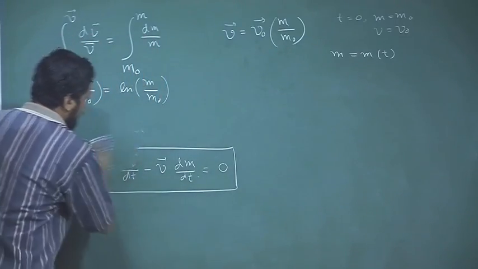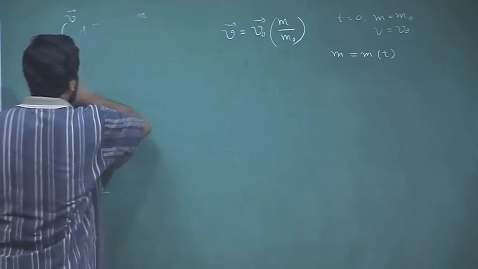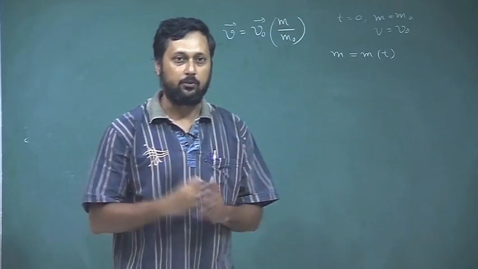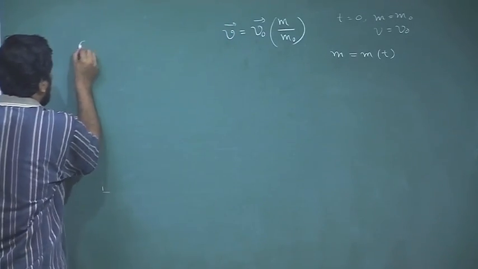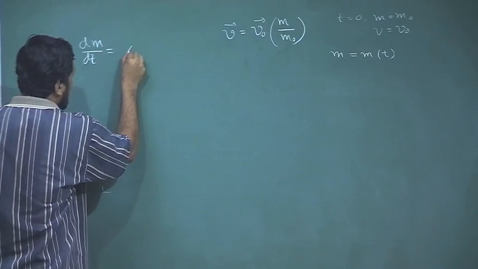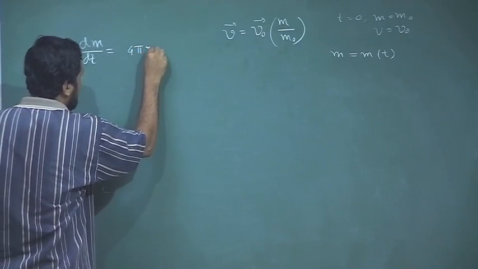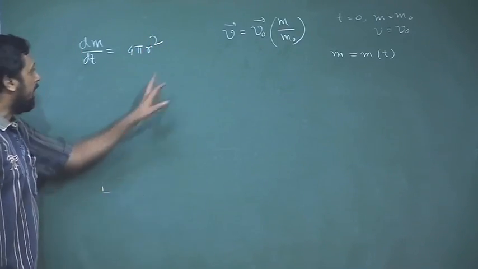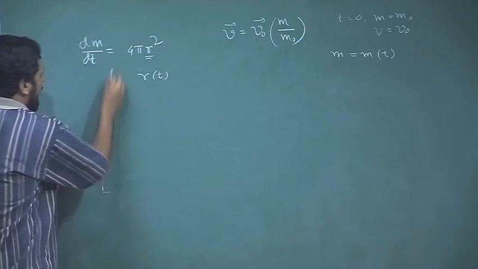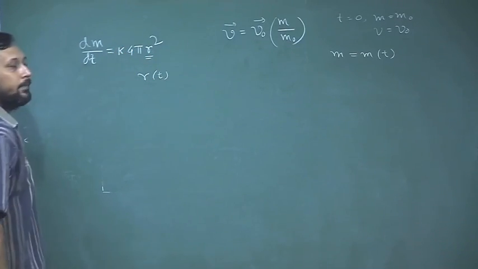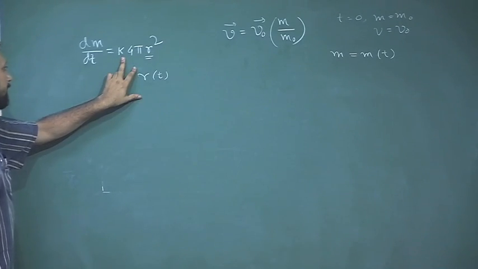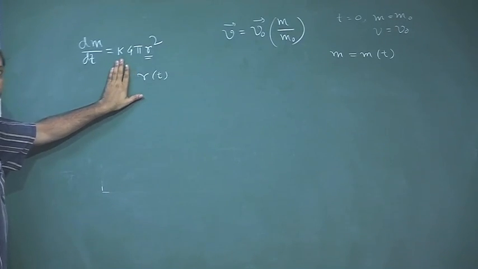In order to do that, please recall that we have another relation given, which is that the rate of evaporation is proportional to the instantaneous surface area of the droplet. That means the rate of evaporation, dm/dt, is proportional to the instantaneous surface area, which is 4 pi r squared, r being the instantaneous radius, so r is r of t, and we have a proportionality constant k. Please do not confuse it with the constant for resistive forces; it is just a proportionality constant here.